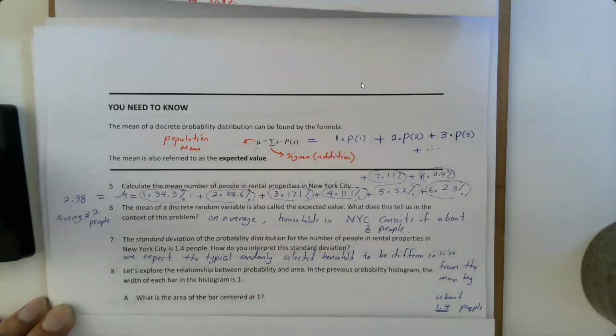That's the meaning of standard deviation. So we randomly select a household. We expect that the size of that randomly selected household be different from the mean by 1.4 people.